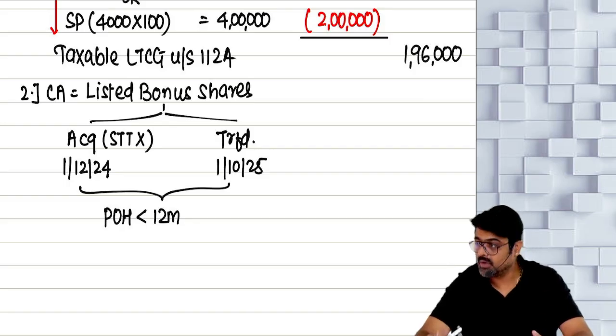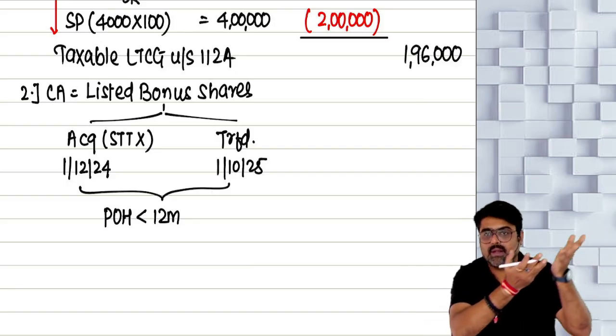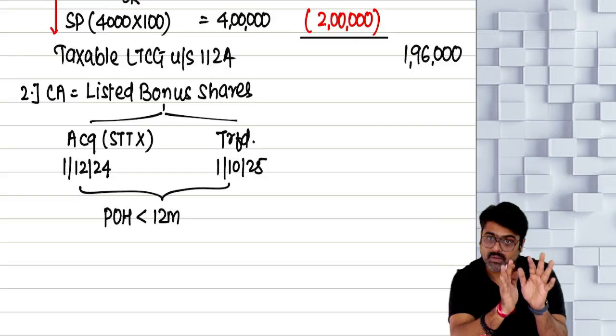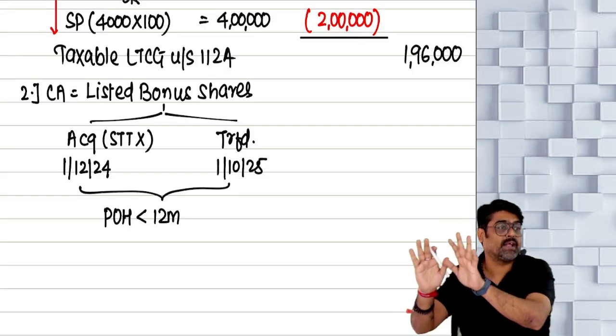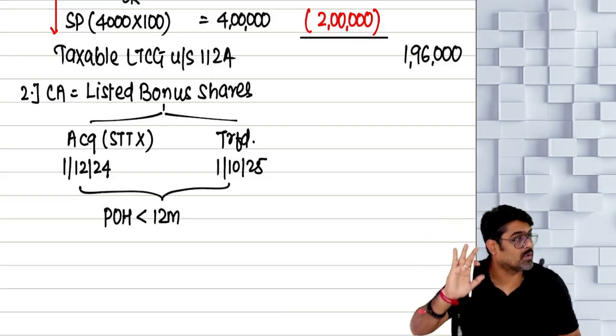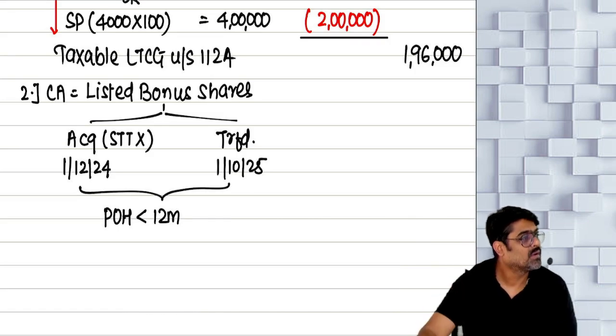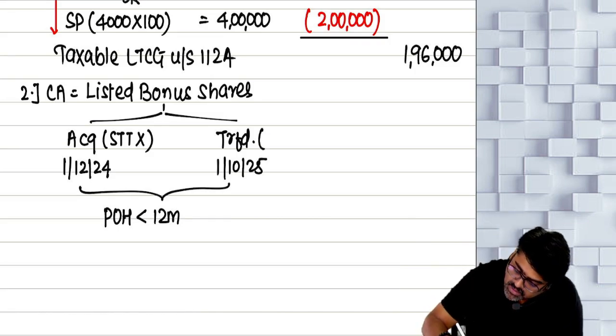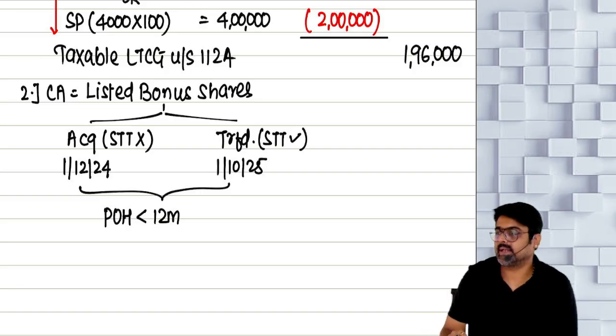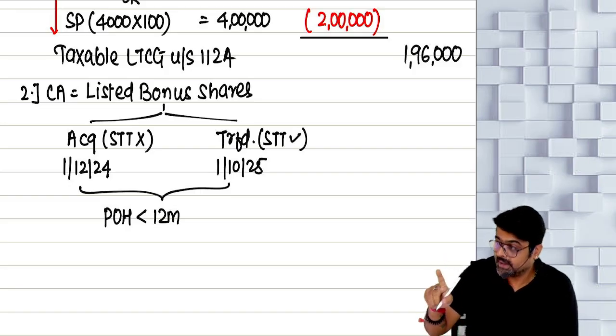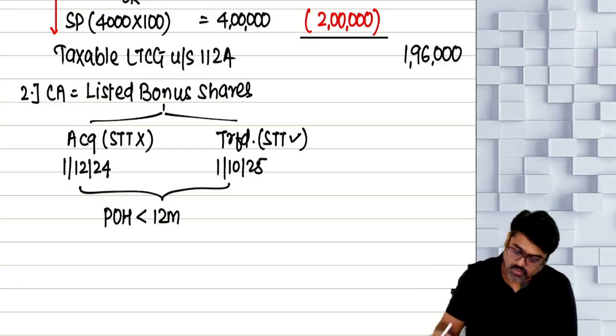Now tell me, will you transfer these bonus shares on the stock exchange? Because if you have listed shares and on the basis of listed shares you are getting the bonus shares, the bonus shares are also listed only, no? So if you transfer them, you are going to transfer them on the stock exchange. At that time you will pay STT. So now the period of holding is less than 12 months.